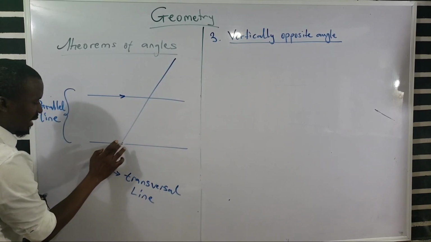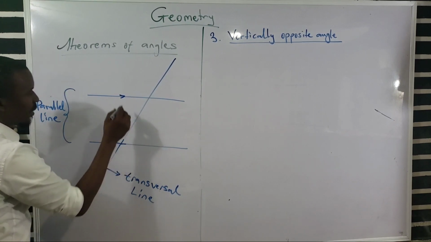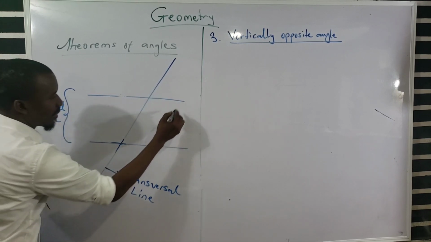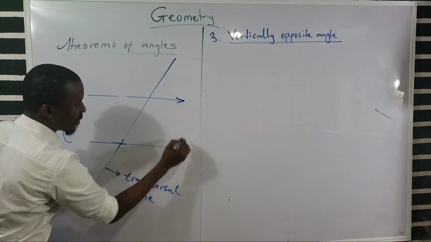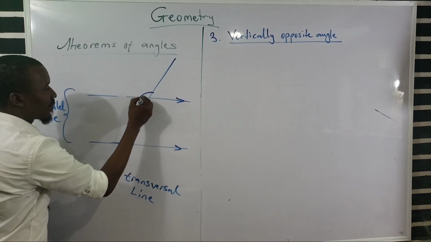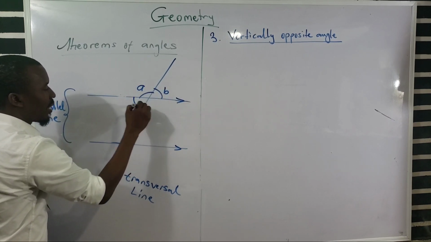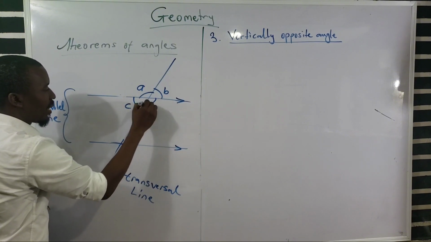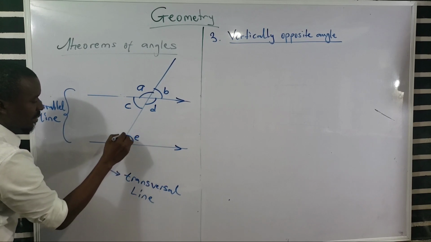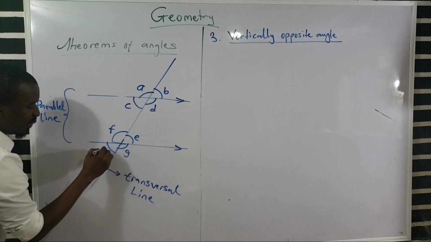So let me clean this so that we can have a free space there. So let me put my arrow here. Okay, so let's call here angle A, call here angle B, call here angle C, call here angle D. Let's call here E, F, G, and what?